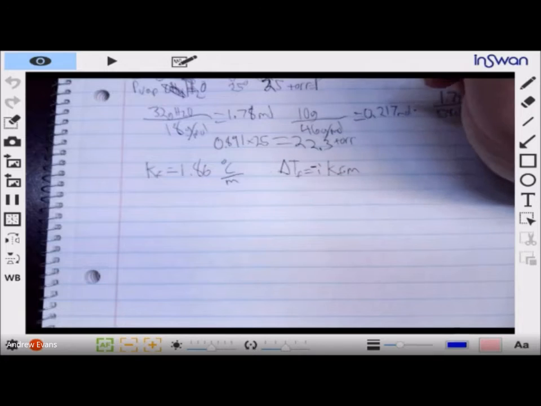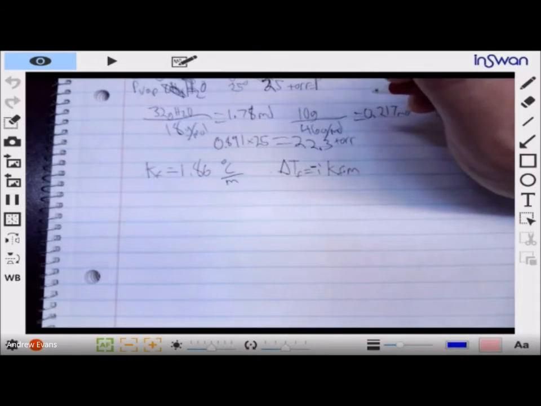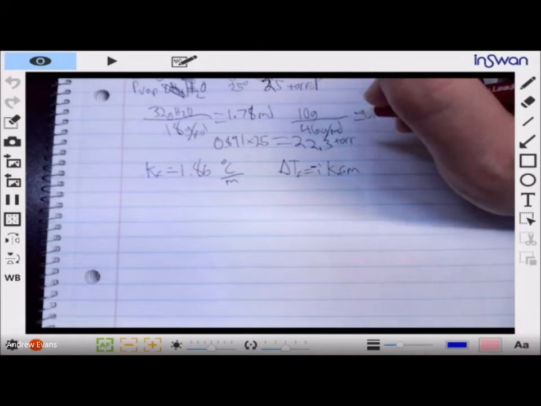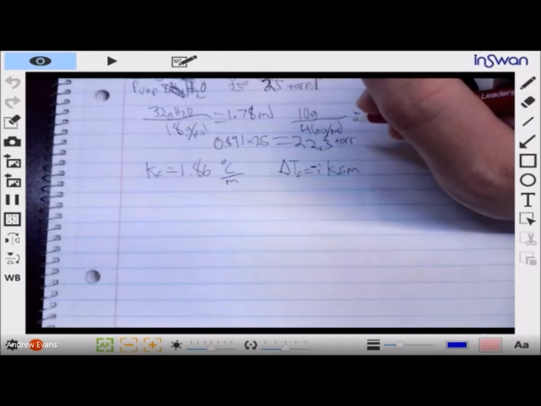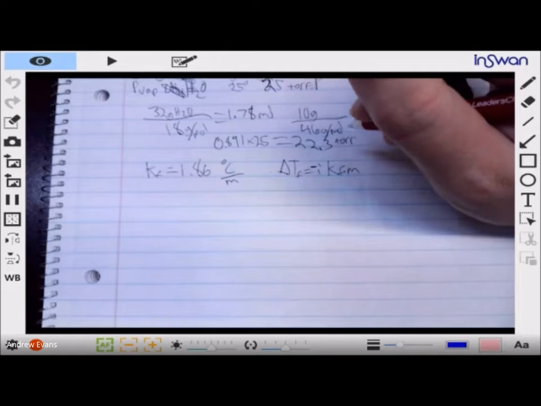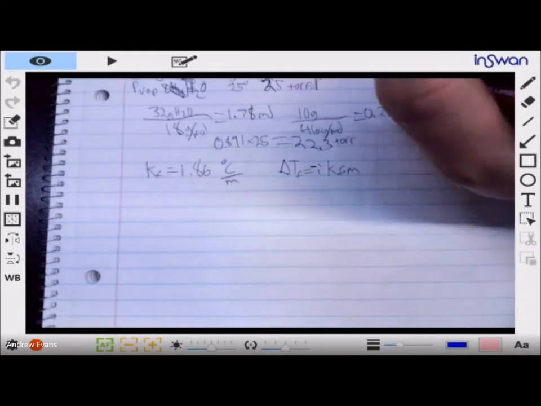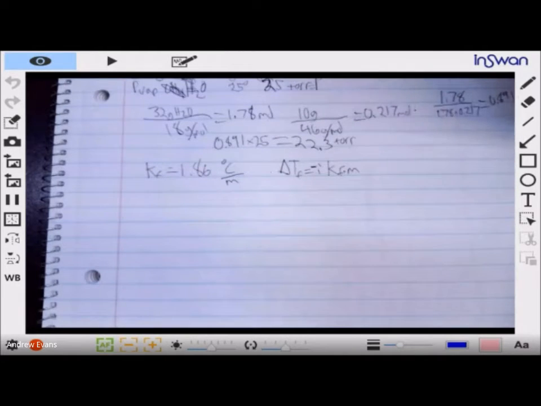The number is going to be 1. If it's a salt like sodium chloride, maybe it's going to break up into 2. If it's magnesium chloride, it's going to break up into 3.